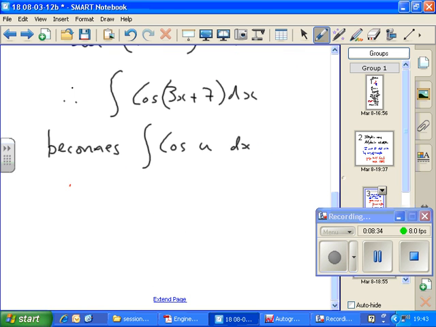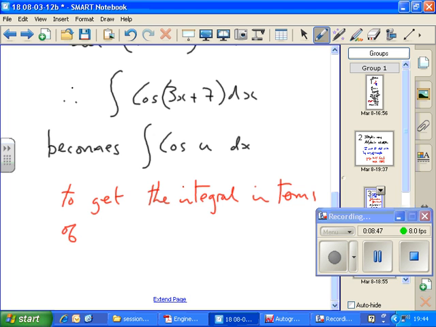so to get the integral in terms of du, differentiate u.